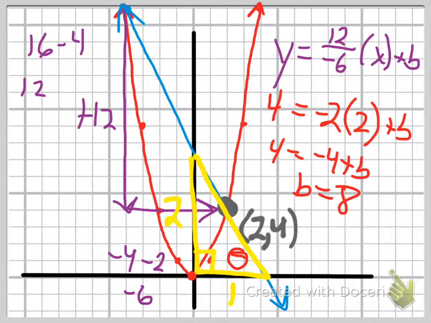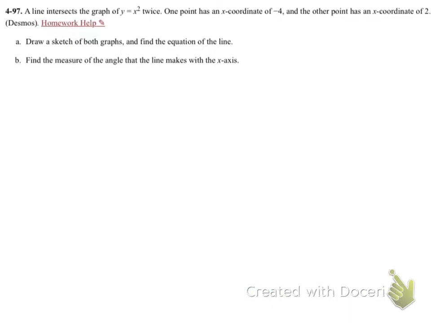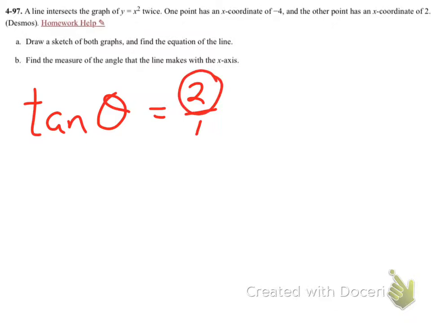For that, this is going to be a tangent problem, because I'm dealing with the opposite and the adjacent legs. Tangent of theta will equal 2 over 1. I know this is originally a -2, but when we're dealing with slope triangles, we're just going to use the positive side of that.